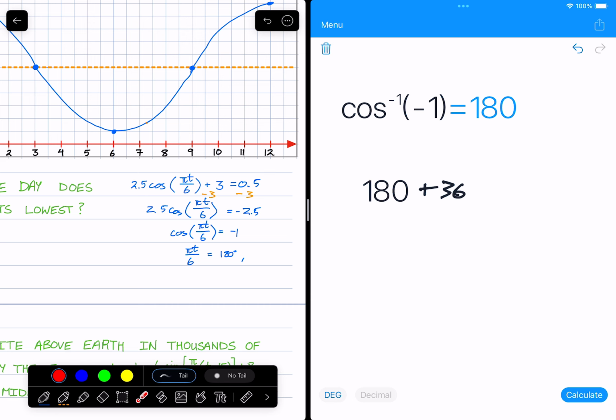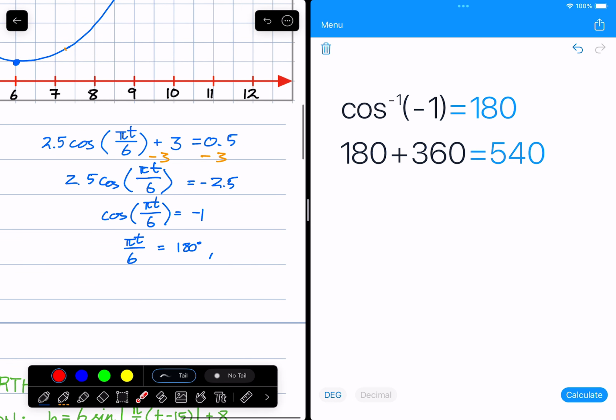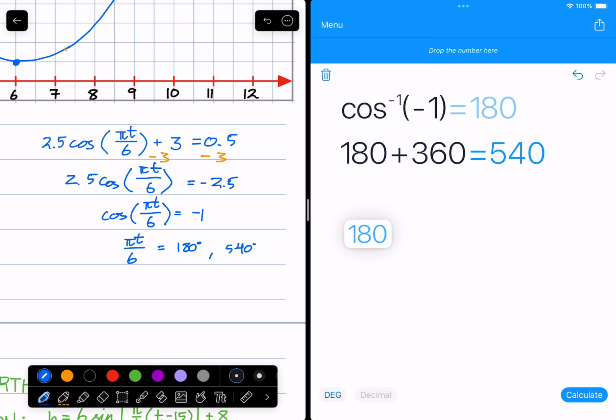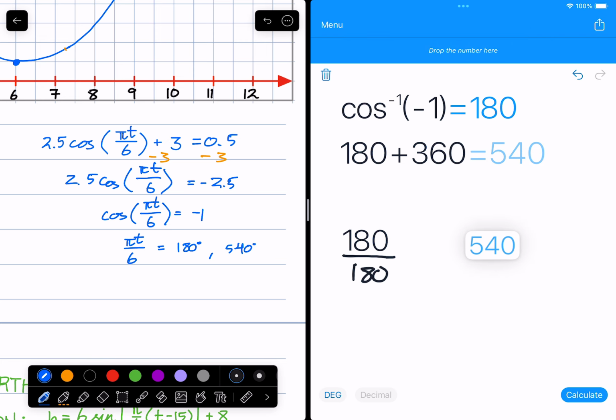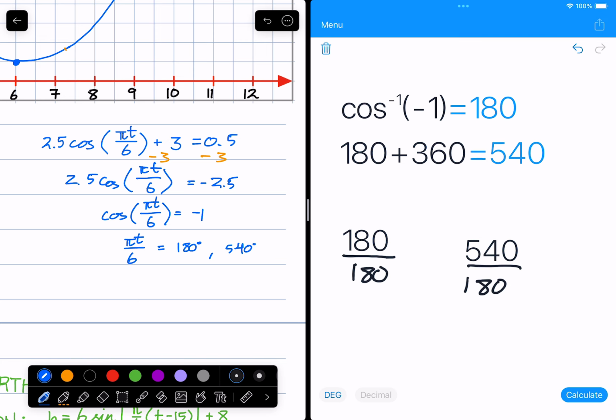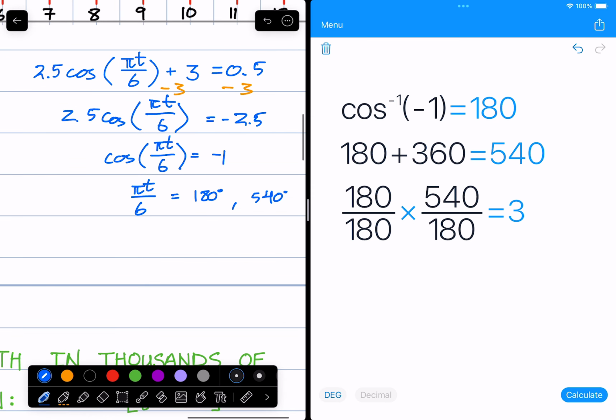So taking the next revolution from this point, we get 540 degrees. Converting these to pi, so divide by 180, we get pi and 3 pi.